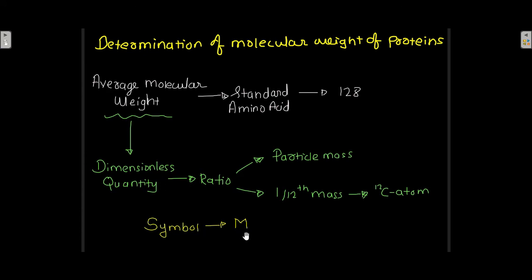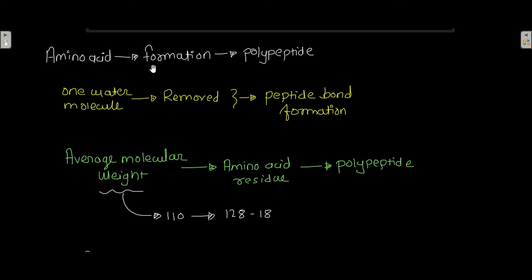When amino acids are involved in the formation of a polypeptide, one water molecule is removed during peptide bond formation, right? When two amino acids are joined by a peptide bond, in that reaction one water molecule is removed. So the average molecular weight of the amino acid residue in a polypeptide is considered as 110, that is 128 minus 18, where 18 is the molecular weight of water. If one asks you the average molecular weight of the amino acid, the answer is 128.